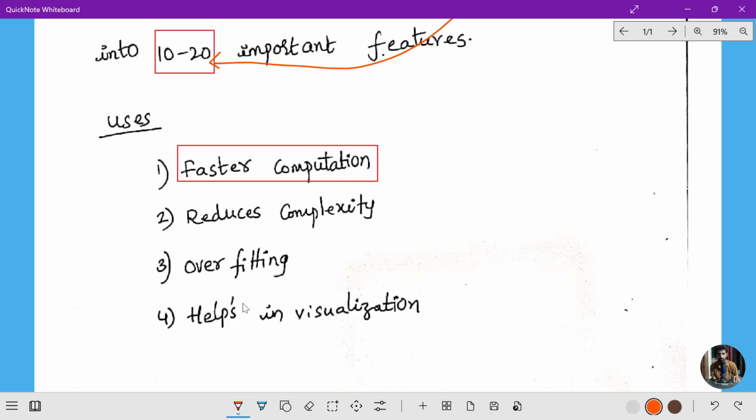The second one is reduced complexity, and the third one is reduced overfitting. The last one is that it also helps in visualization. Very important. So these are the main 4 uses of dimensionality reduction.